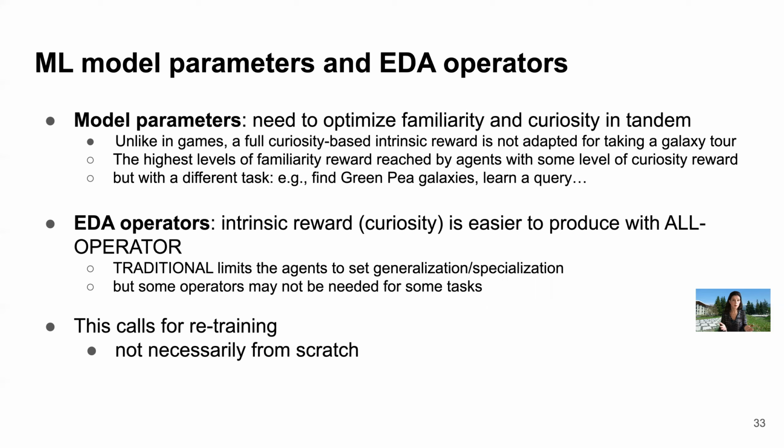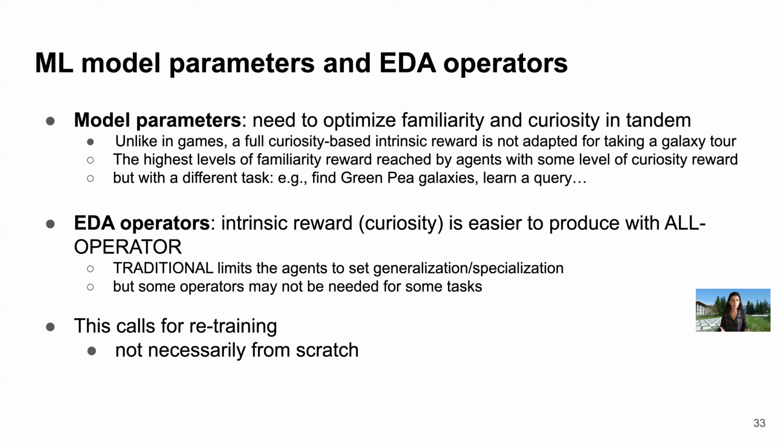And of course, this very much depends on the task at hand, whether I'm looking for a needle in a haystack, or looking to learn a query, or looking to summarize data, I'm going to have to do this fine tuning. The second observation is that the ability of agents to achieve a certain reward is very much dependent on the expressivity of the operators that I have. Some operators may be needed for some tasks and others may not, right?